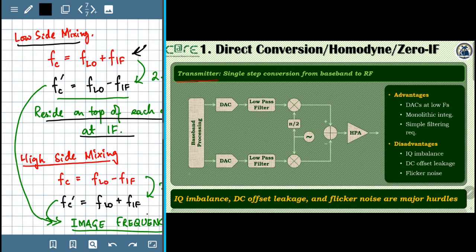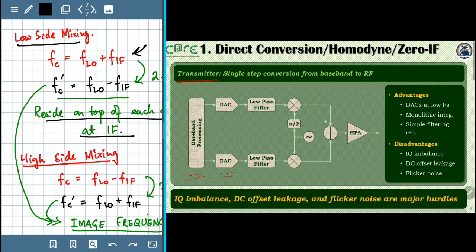So what you see here is the baseband signal, generated by any digital modulation scheme, coming out from some digital signal processing platform. The first task that we need to perform here is to convert this discrete time signal or digital signal into an analog signal, and for that purpose we employ DACs.